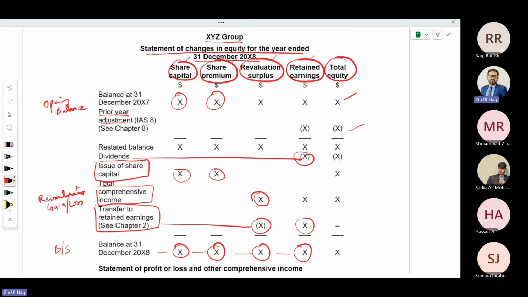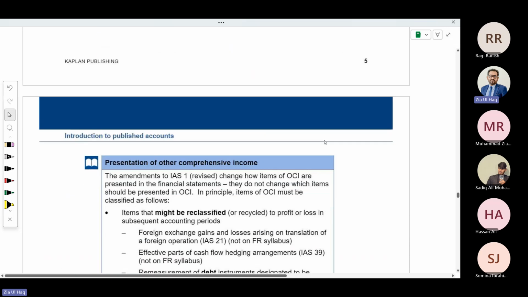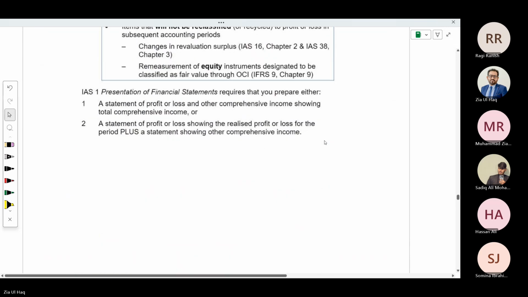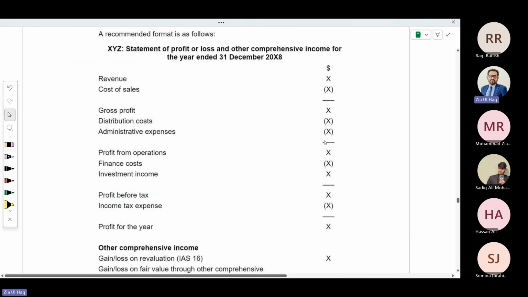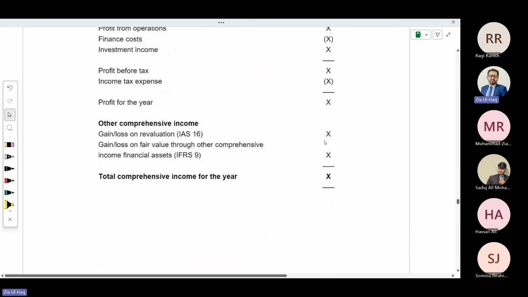These figures will be provided in the question, and regarding other figures, there will be some adjustments, meaning additional information. And how to prepare the statement of profit and loss account and other comprehensive income: we can prepare it combined or we can prepare it separately as well.